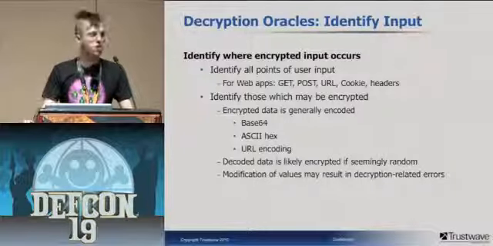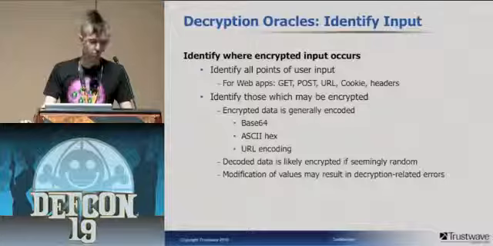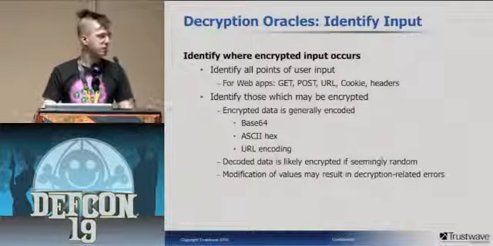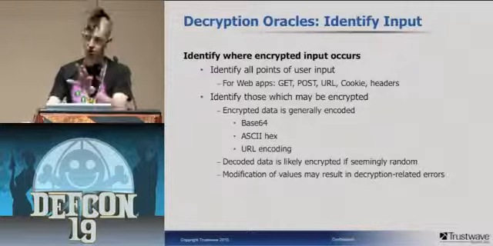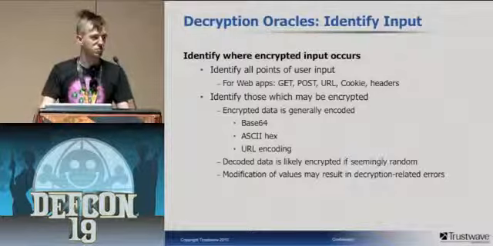Another thing you can do is modify the values. Sometimes this will give you decryption-related errors. The other thing is, if you modify a value in the middle of some piece of ciphertext, you might see resulting text in the response that is garbled beyond a certain point.